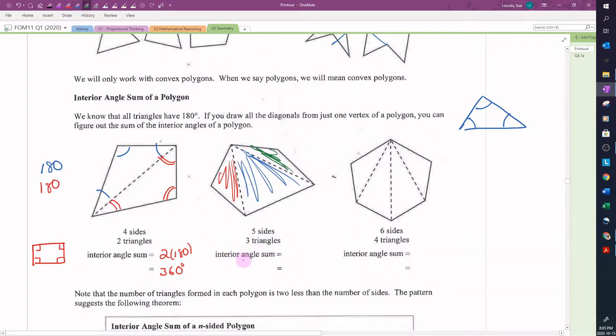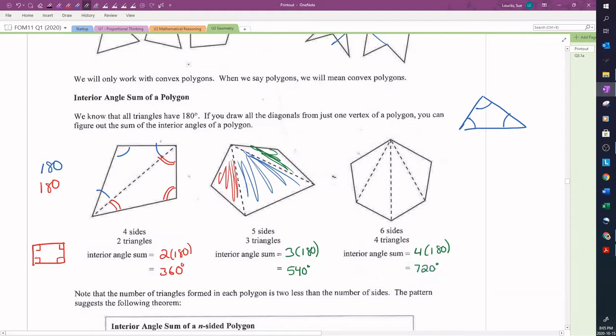So our interior angle sum is going to be 3 times 180, which is 540 degrees. And if we have six sides, we can split that into four triangles, and our interior angle sum is 4 times 180, which is 720.